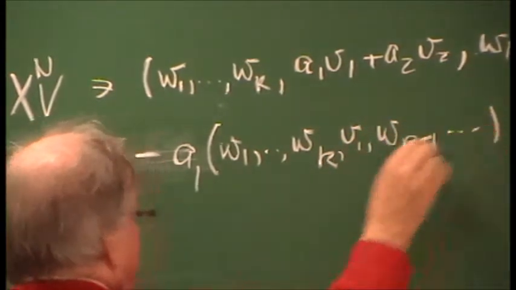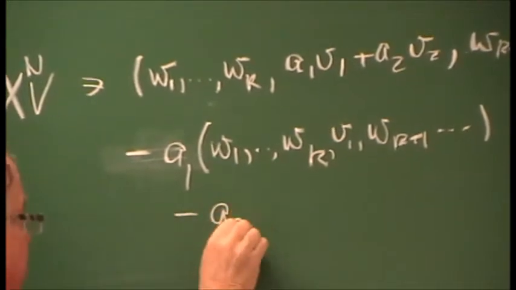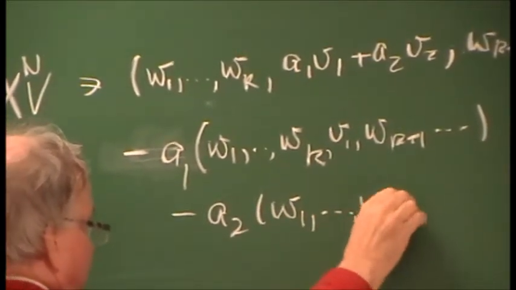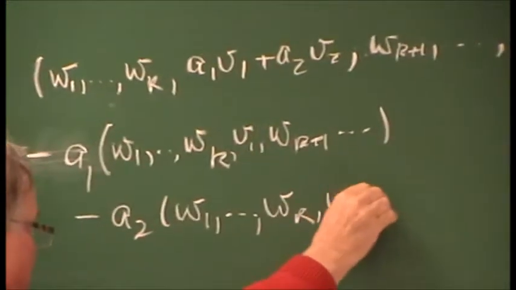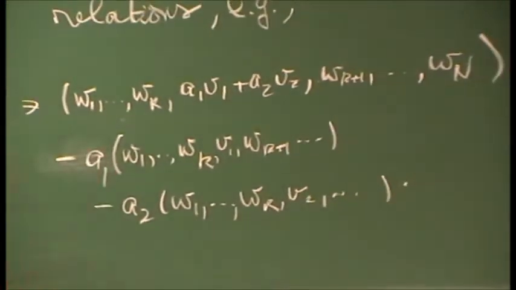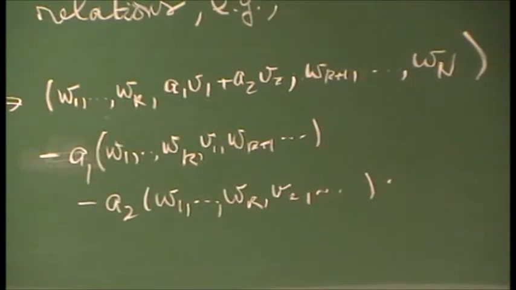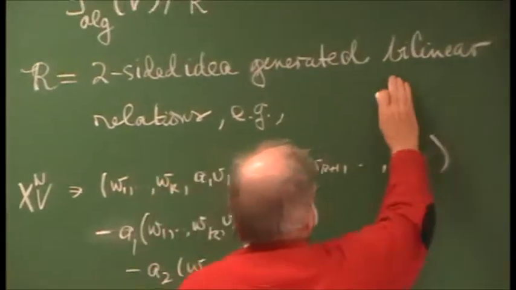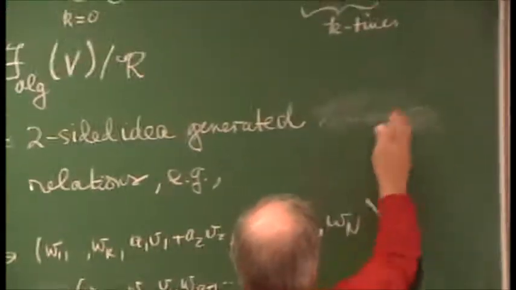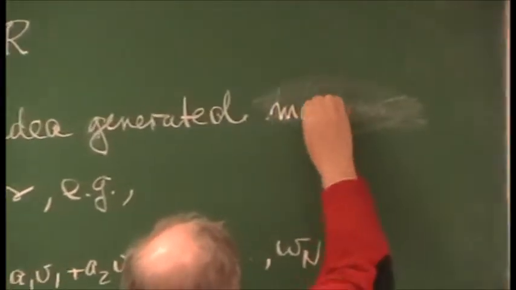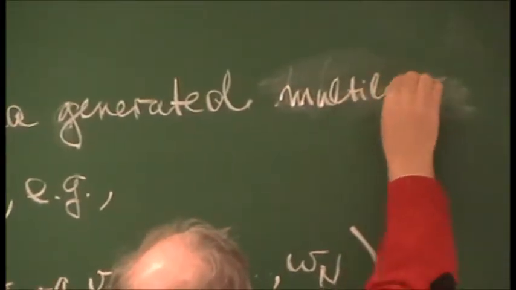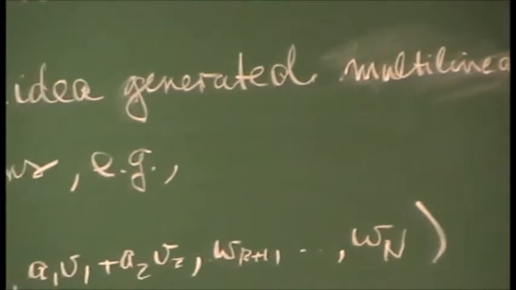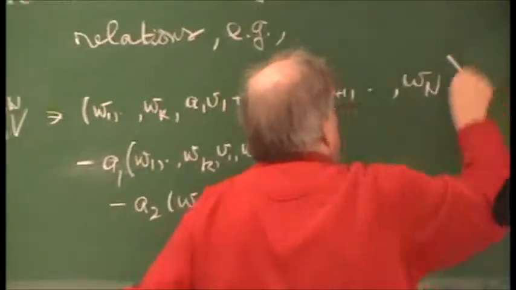Well, I'm getting tired already, so A2, B2, typical multilinear relations. Oh, I'm sorry, I wrote bilinear, I should write here multilinear. Relations. Okay.